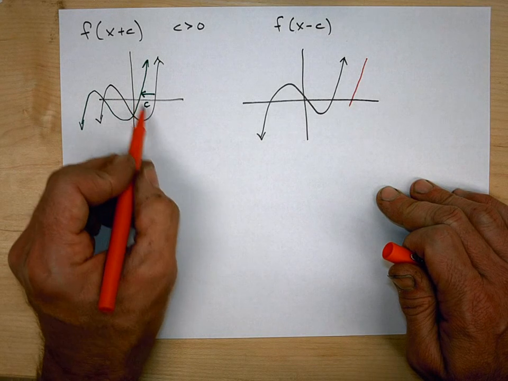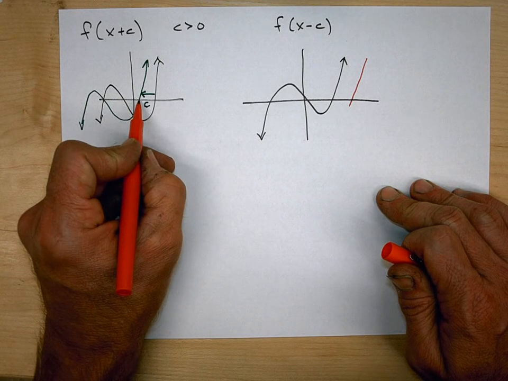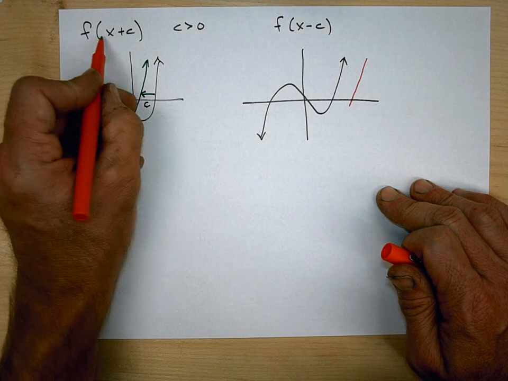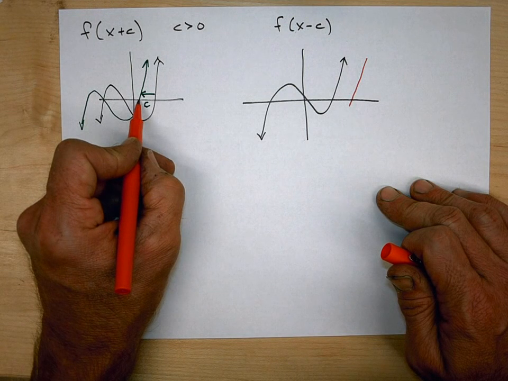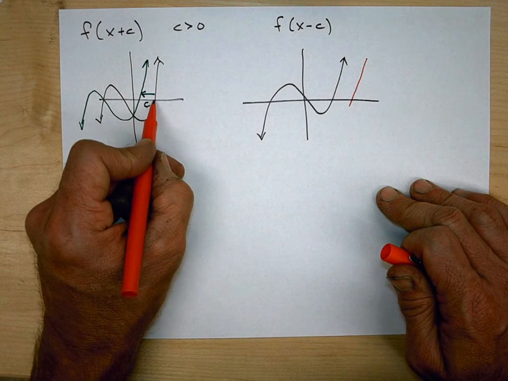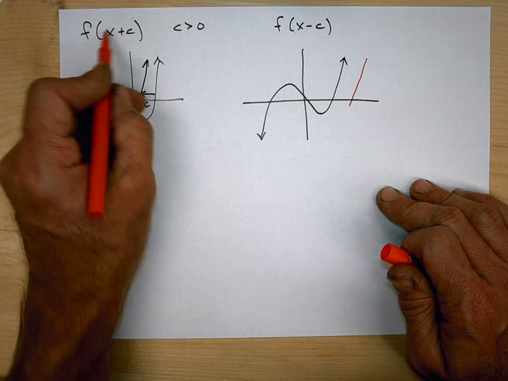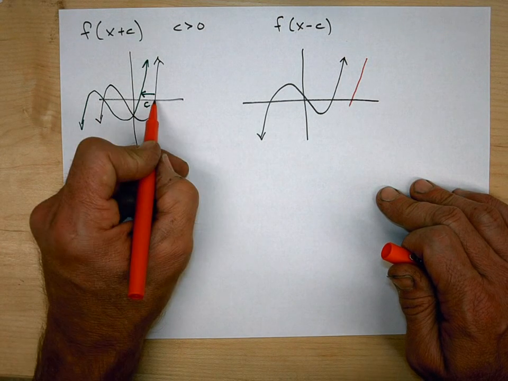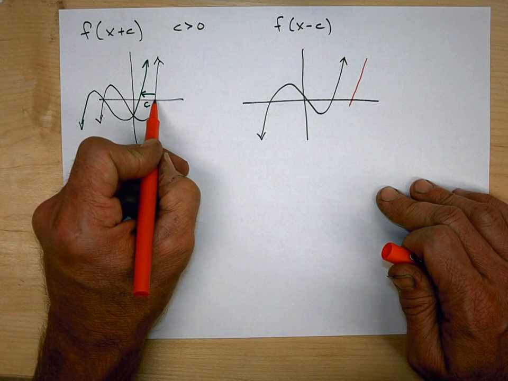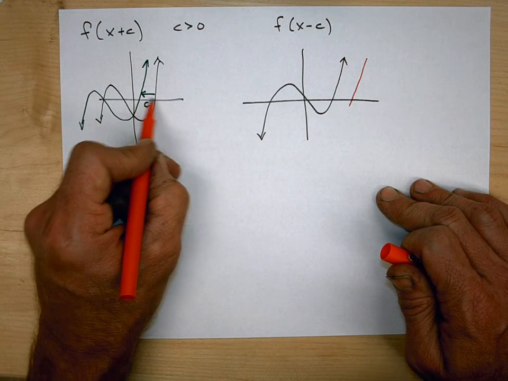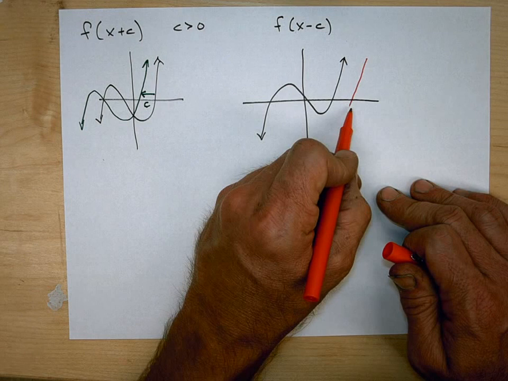One way to think about this is, in order to get the same y value, I need to move the x value. Here the original y value was at 0. In order to still get 0, I need x to be smaller. Here I would need x to be bigger, so it shifts it.